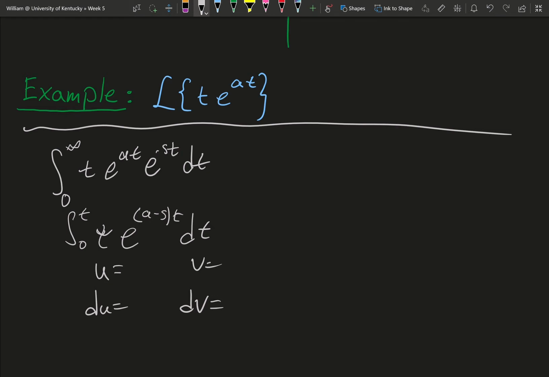Okay, and now we're going to do integration by parts, as you're hopefully getting used to by this point. So if we set our u to be t, then our du is just dt. Our dv is going to be e to the (a minus s) times t, which makes v equal to e to the (a minus s) times t over a minus s.